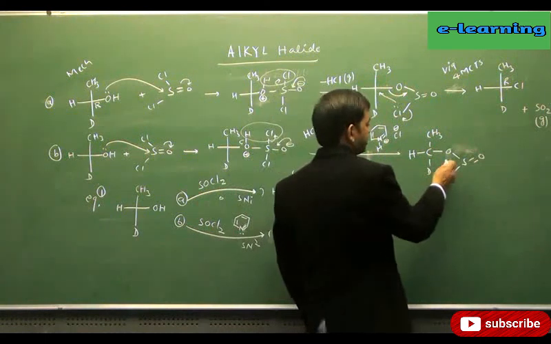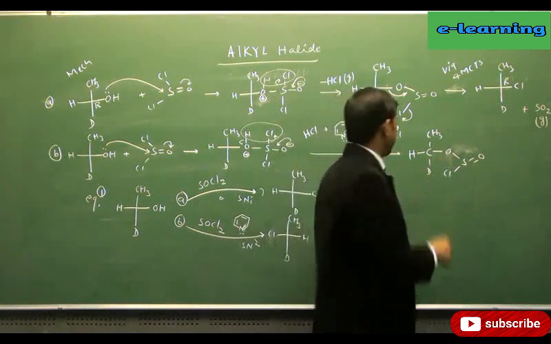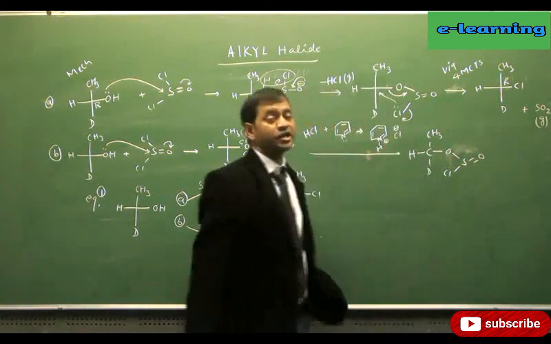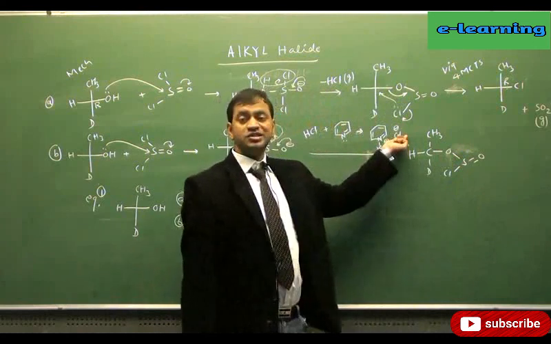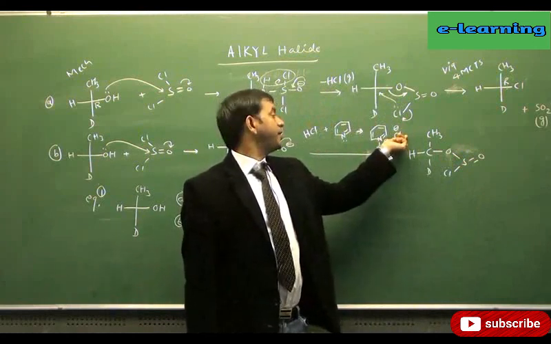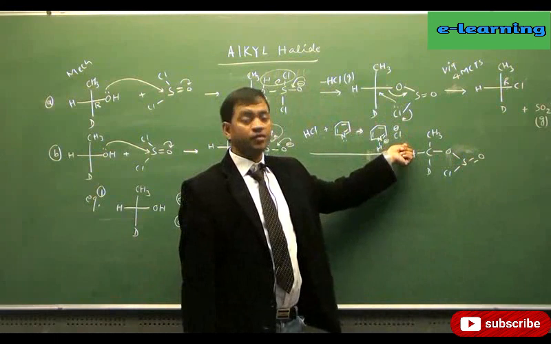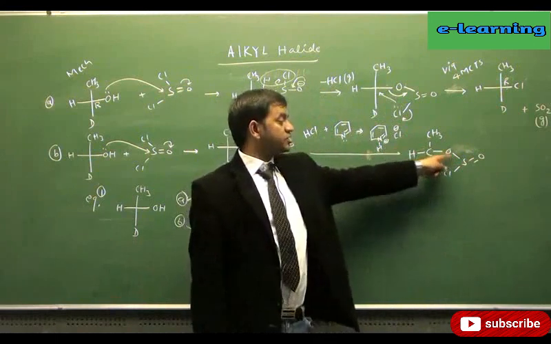There are two possibilities. One possibility: it attacks and removes like SN1. Another possibility: because anionic Cl negative is present, it will attack from that side and remove.